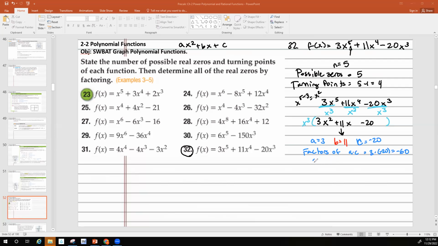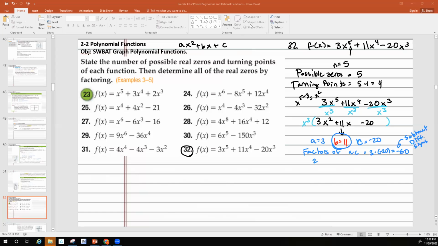Notice that we're subtracting, so that means it's negative, so it's different signs. And we want to get it to be 11.